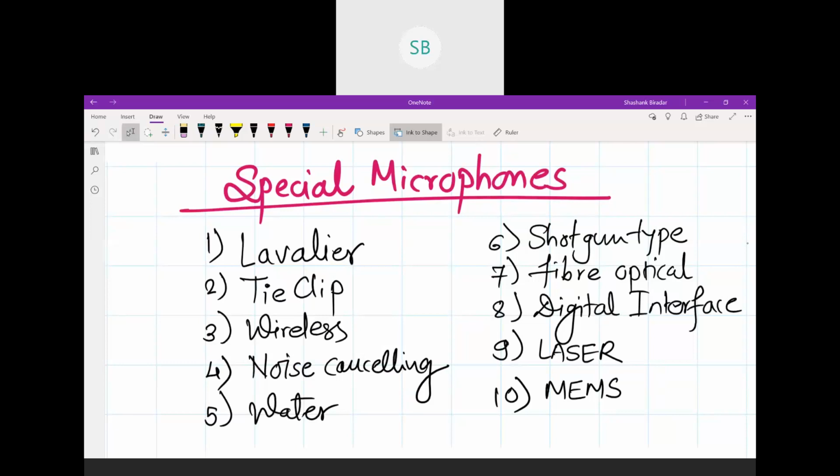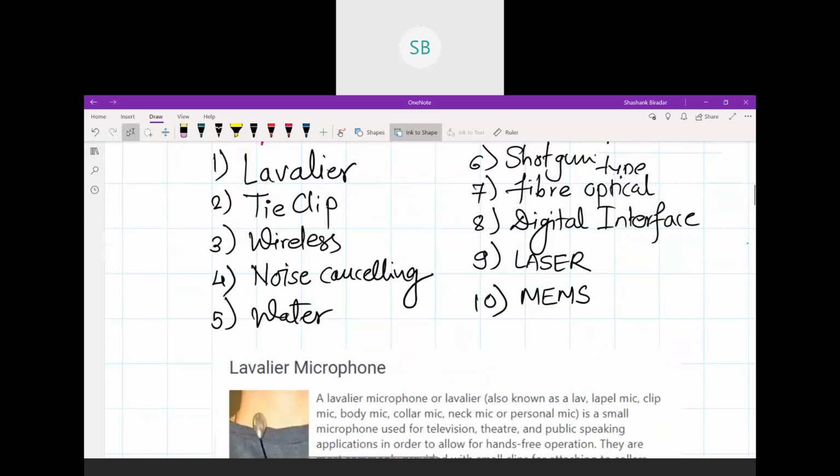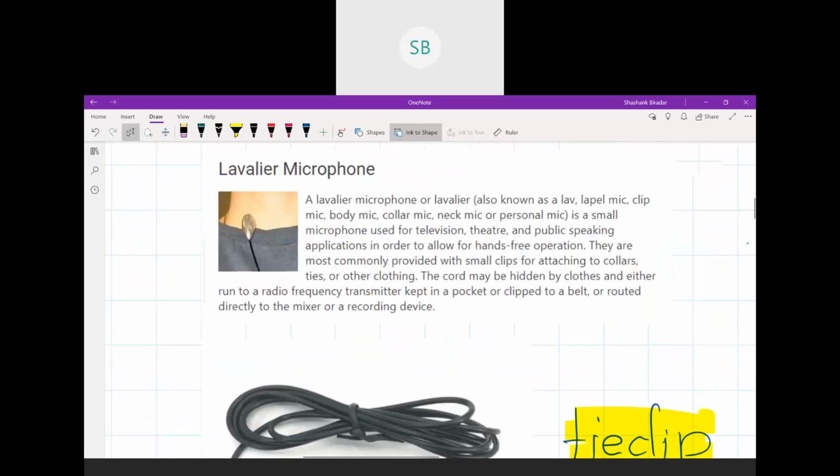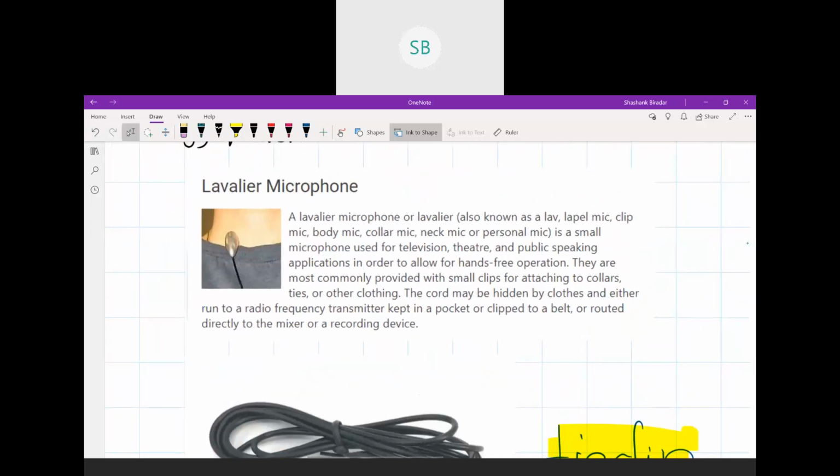So lavalier and tie clip type. You must have found these in the conference hall where the speaker is continuously moving. These are the type of a collar mic, clip mic.